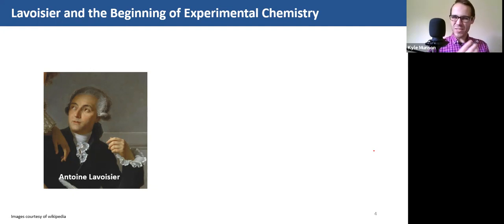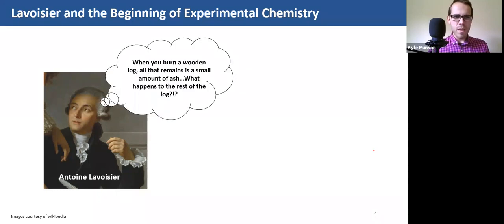But this guy named Lavoisier was a researcher in the late 1700s, and he was trying to answer this question. When you burn a wooden log, all that remains is a small amount of ash. What happened to the rest of the log? Where did it go? And what process is involved in burning?